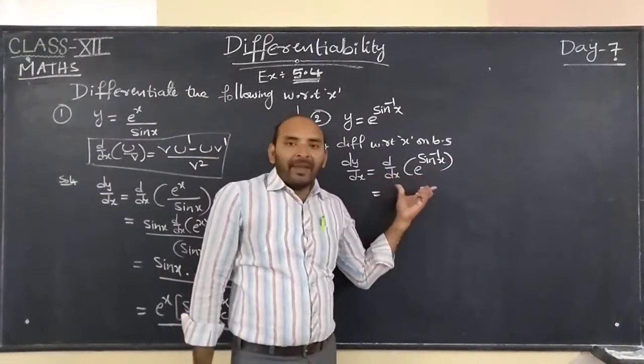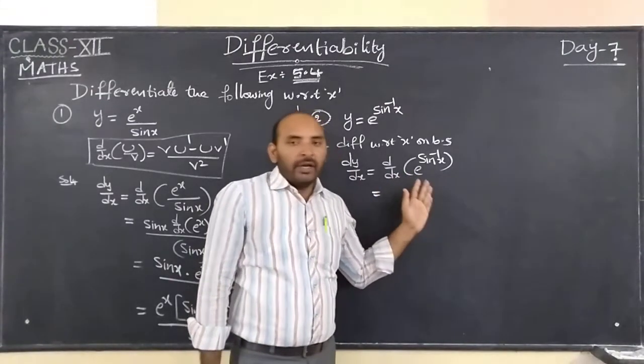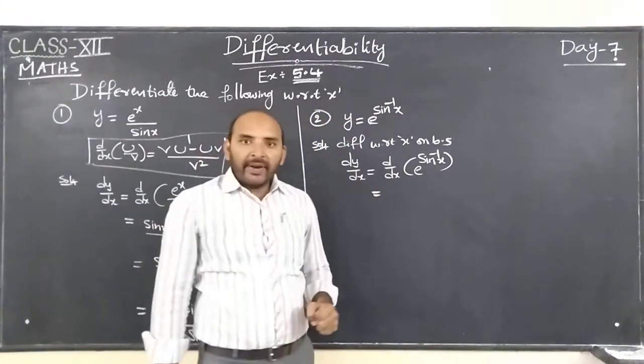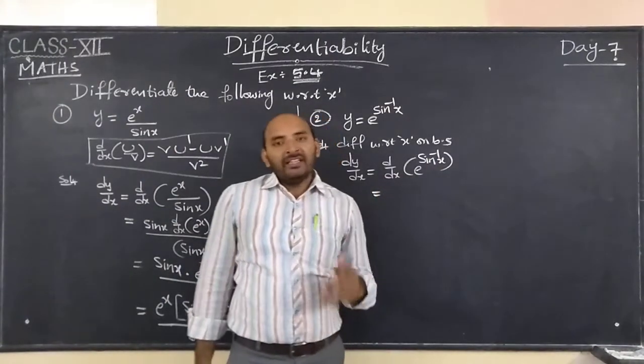You can apply the chain rule because this is not in the direct standard form. The derivative of e power x is e power x, but we don't have direct e power x here, so you should apply the chain rule.